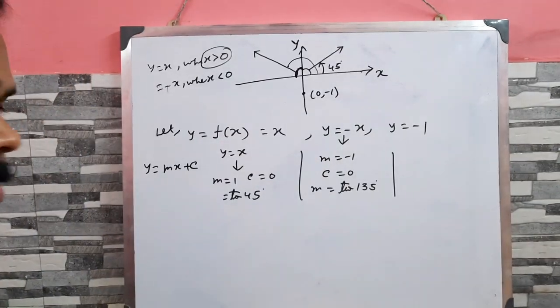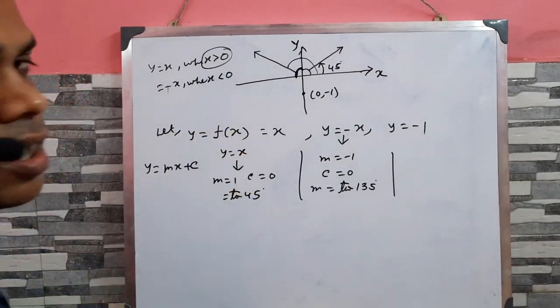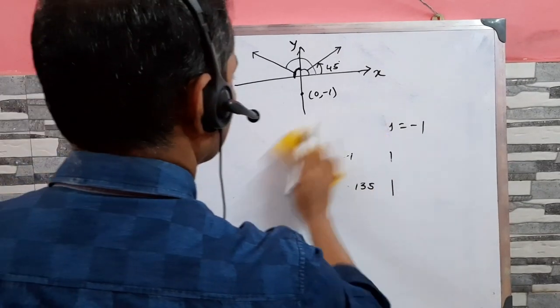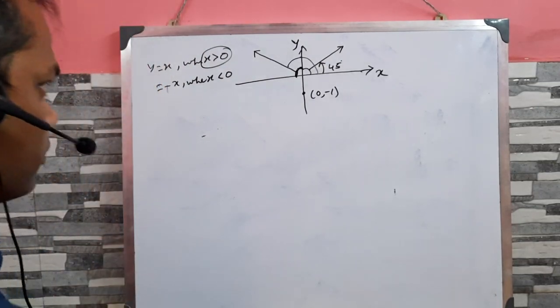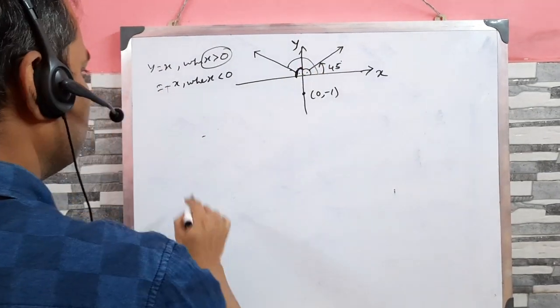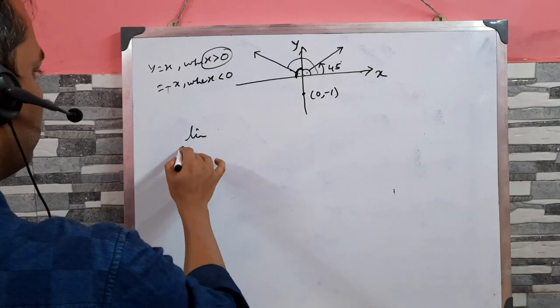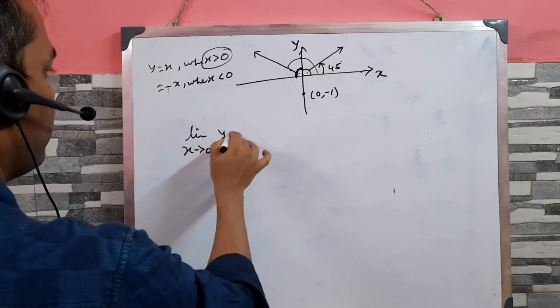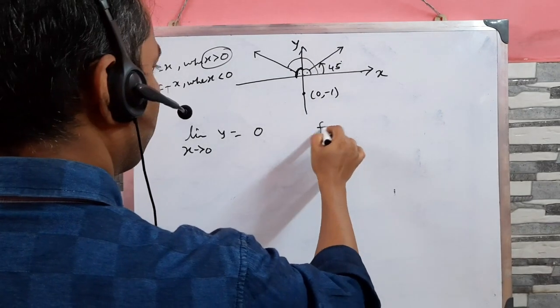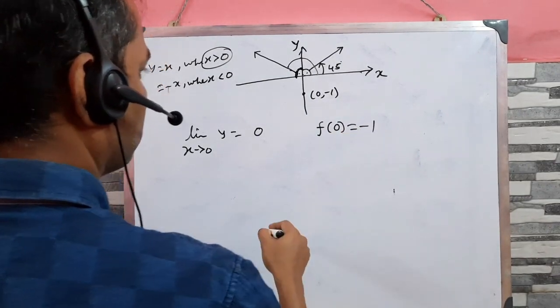1. For the limiting concept of this graph, you see that x is tending to 0 from both sides, so limit x tends to 0, y equals 0, but the functional value f(0) equal to minus 1.